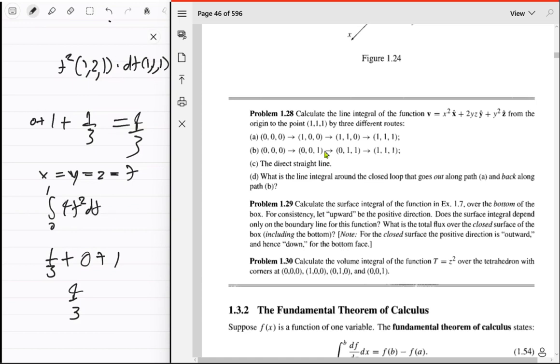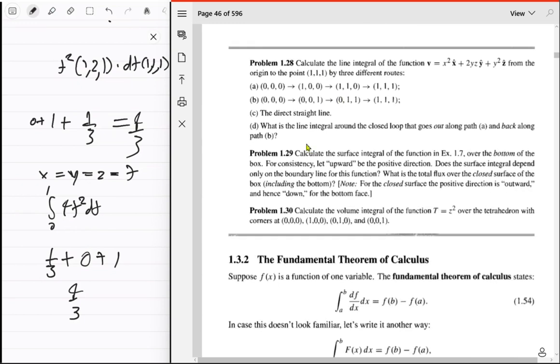So you got 4/3 t cubed from 0 to 1, which is 4/3. Awesome.